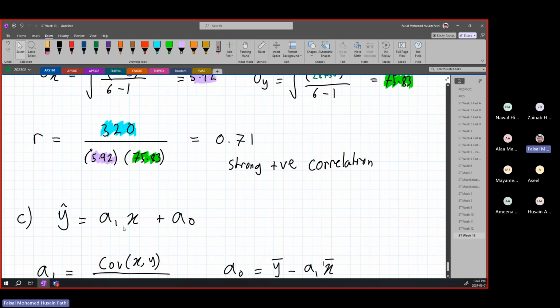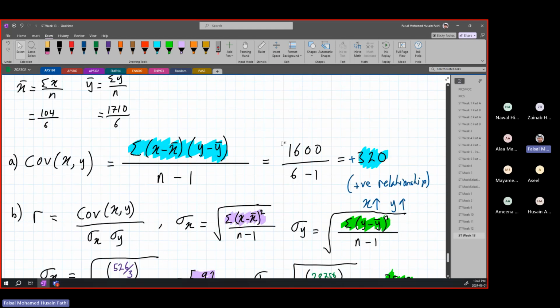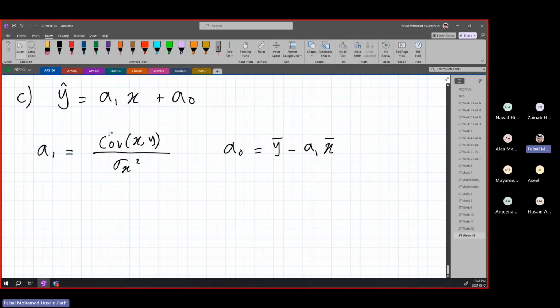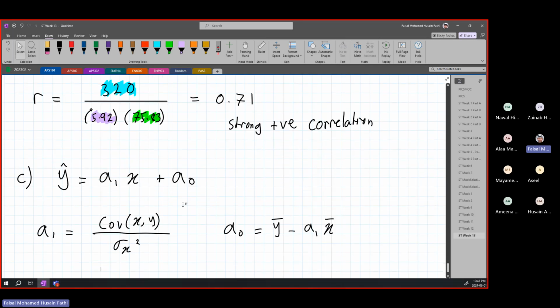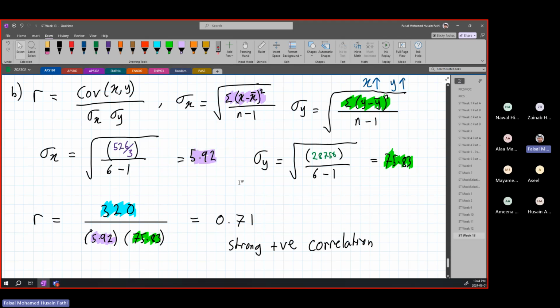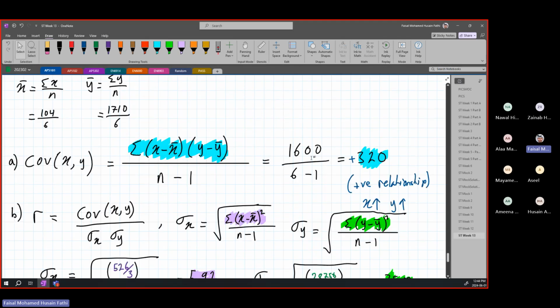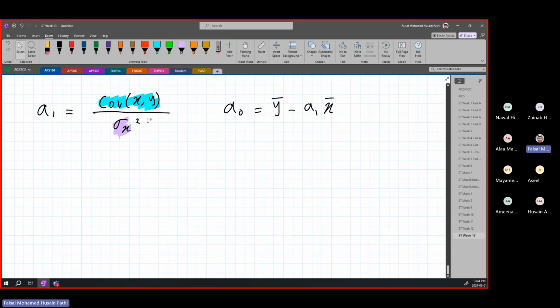So a1 is equal to the covariance of xy over sigma x squared. Remember, this covariance is 320, and sigma x is 5.92 that we have found earlier. So this is 5.92 over here for sigma x, and covariance is the 320 that we found over here.